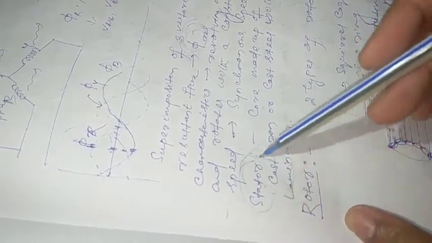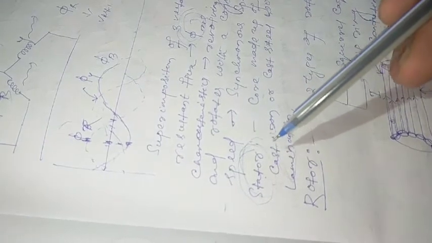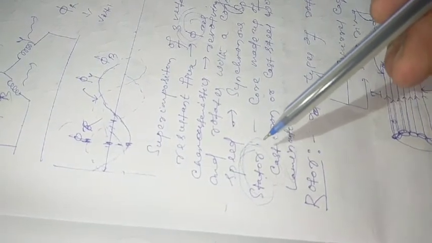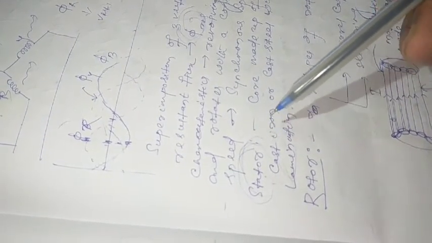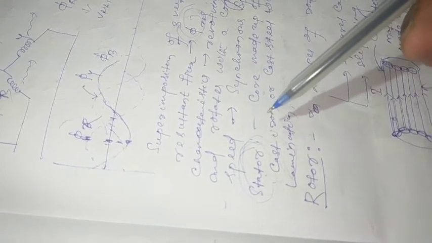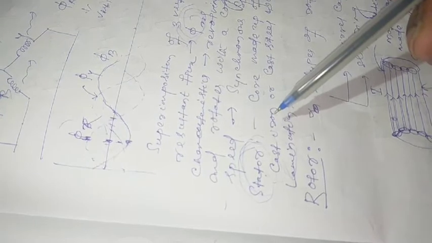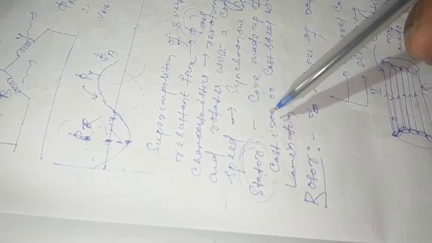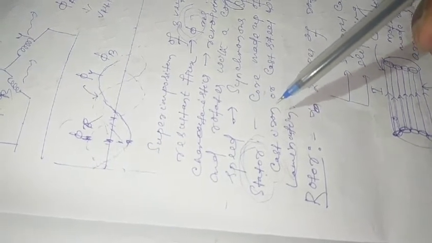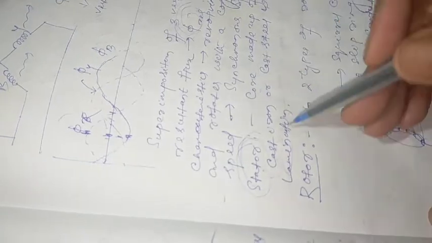Whenever there is a change in flux in a magnetic material, there will be some losses. To minimize the iron loss, which includes eddy current loss and hysteresis loss, we use this kind of material, again in laminated form of cast iron and cast steel.